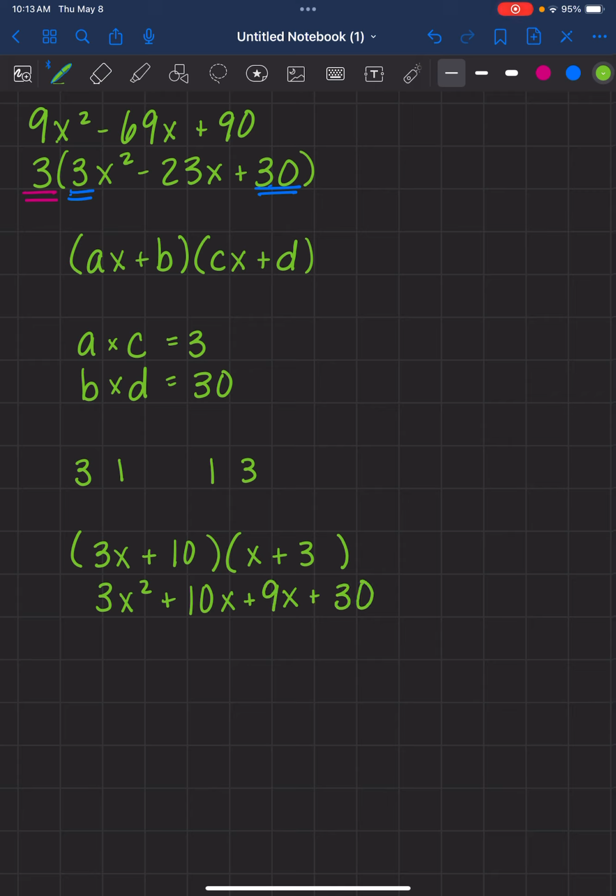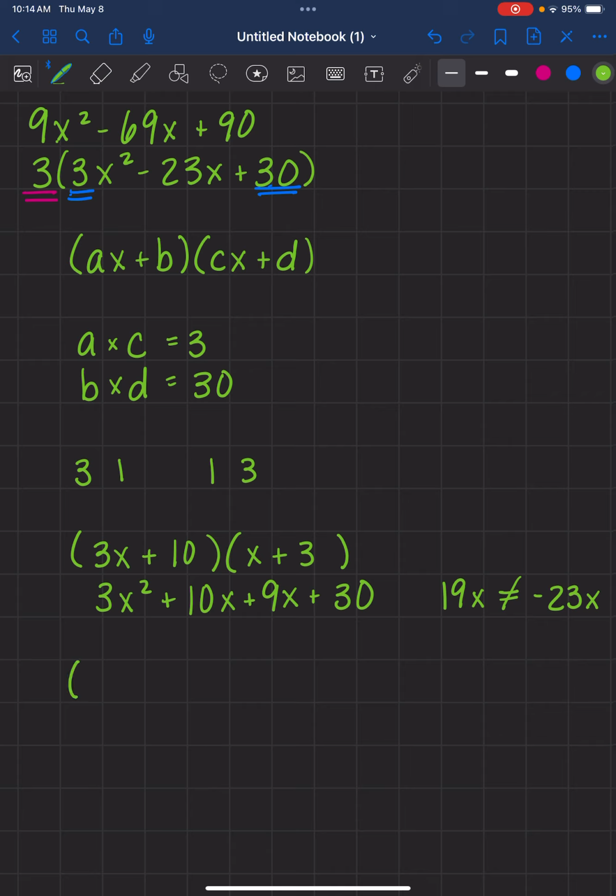Because we did the a times c math correctly, we do get the 3x squared, and we did the b times d math correctly, and so we're getting plus 30. But plus 10 plus 9 does not get us anywhere near the negative 23. So 19x is not equal to negative 23x. So we know that we haven't gotten it right yet.